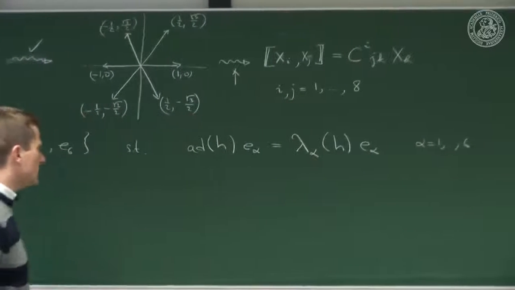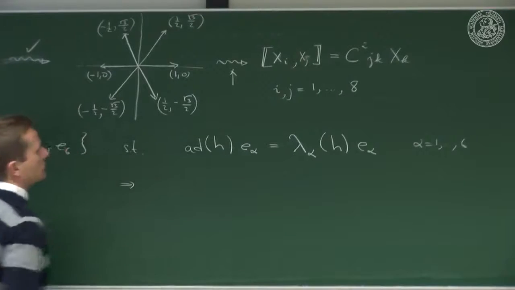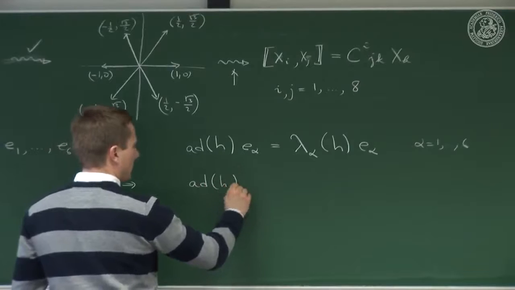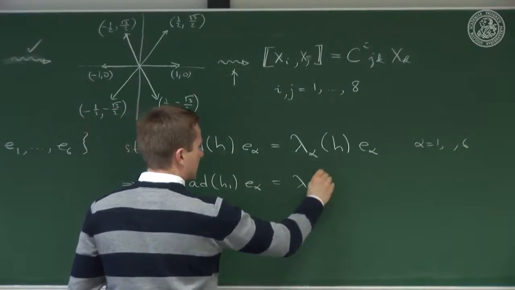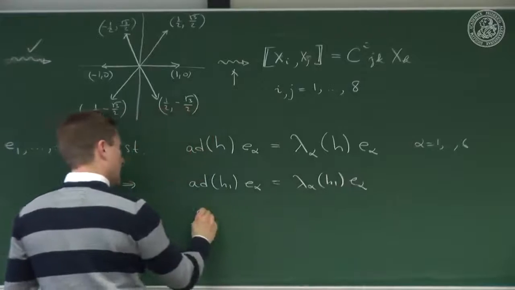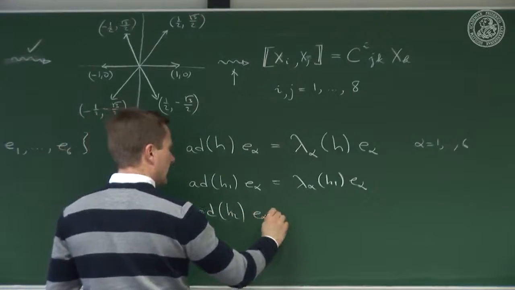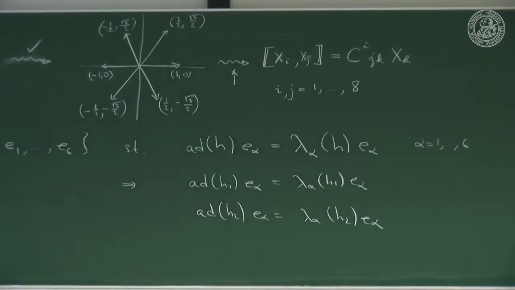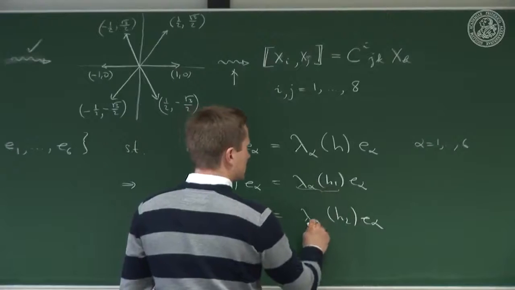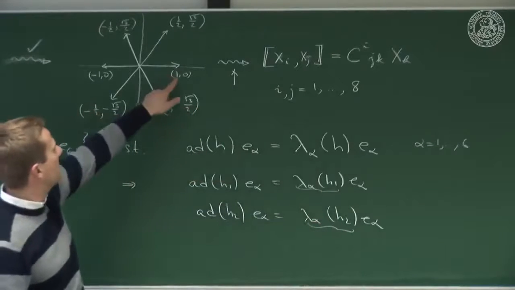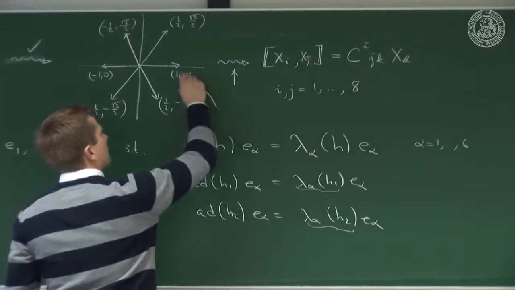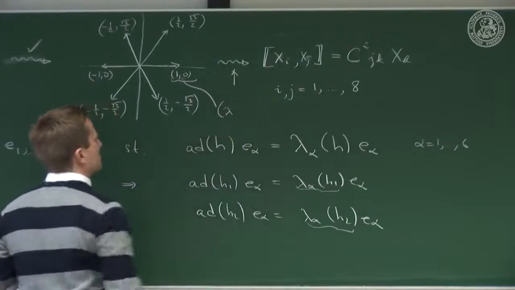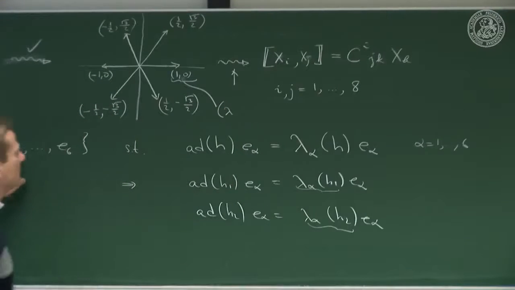So in particular, we can evaluate this on the basis vectors. ad h1 of e alpha is lambda alpha of h1 times e alpha, and ad h2 of e alpha is lambda alpha of h2 times e alpha. And now these are concrete numbers, and these are the numbers that appear here. So this whole guy is the pair, let's say it's associated with the first vector here. I can make that choice.